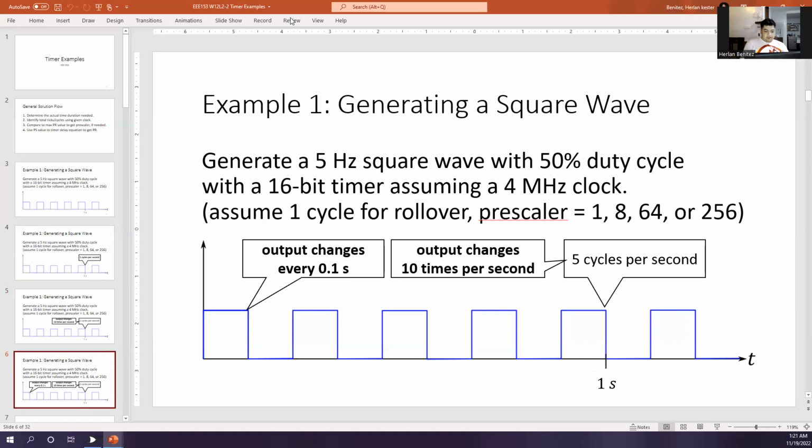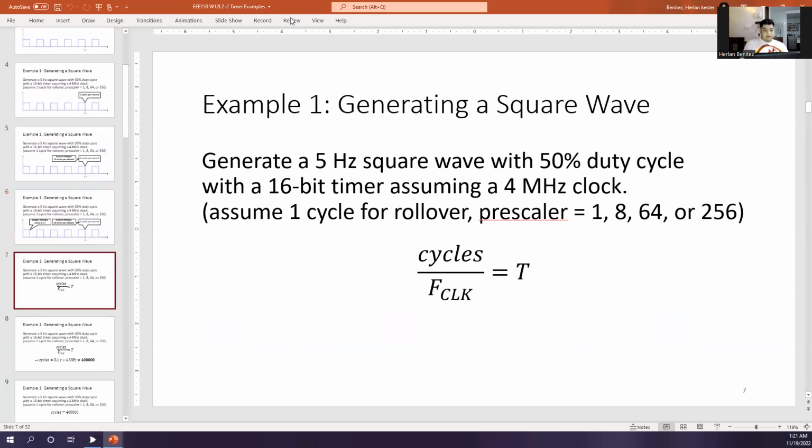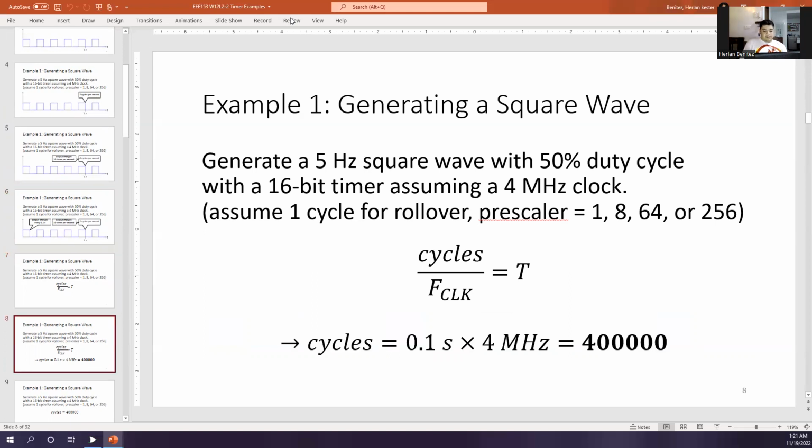So, yung 0.1 seconds na yun, equal dapat siya sa number of cycles na gusto natin over yung clock frequency. So, 0.1 times 4 megahertz equals 400,000.